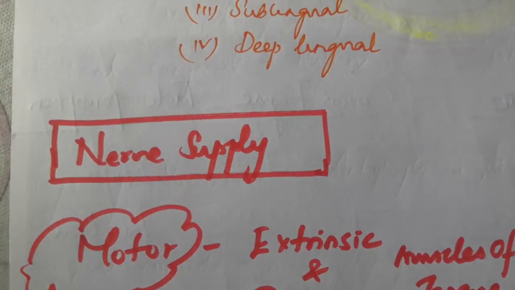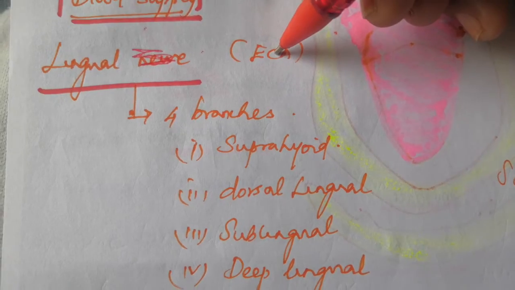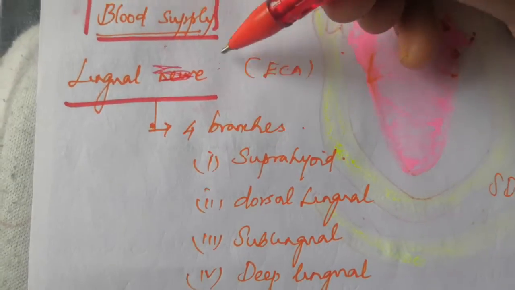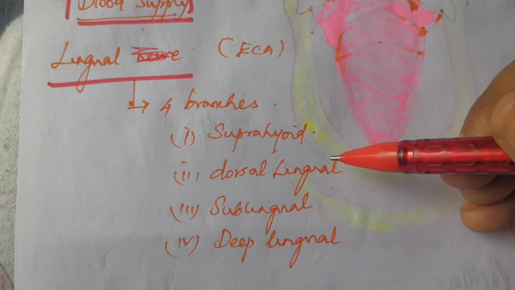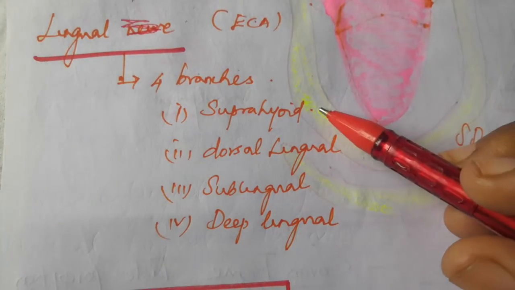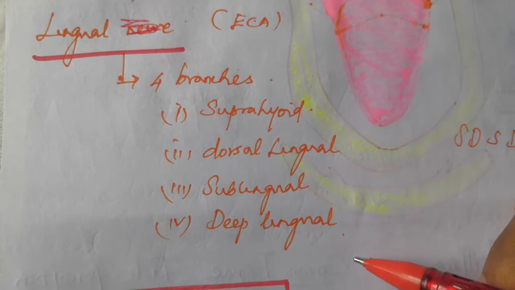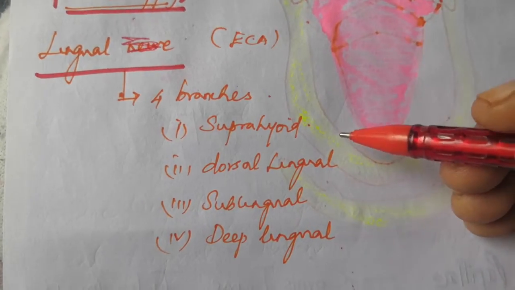It's the lingual artery. The lingual artery is a branch of the external carotid artery. Remember, four branches contribute to the blood supply of the tongue: suprahyoid, dorsal lingual, sublingual, and deep lingual. So don't forget these branches of the lingual artery.